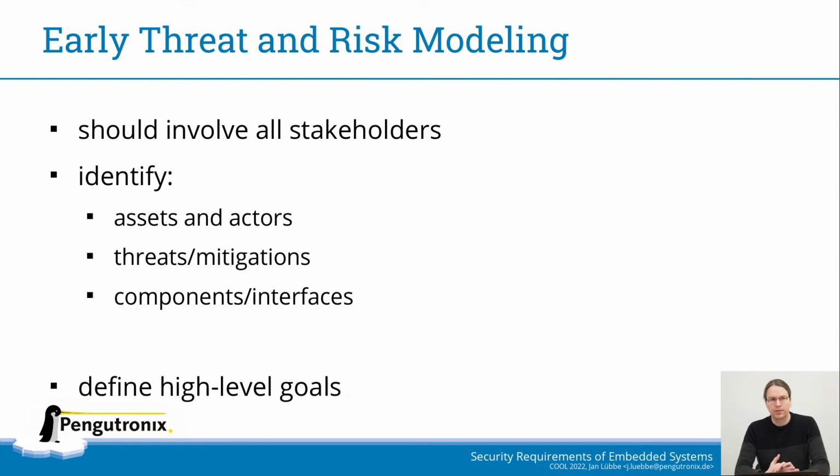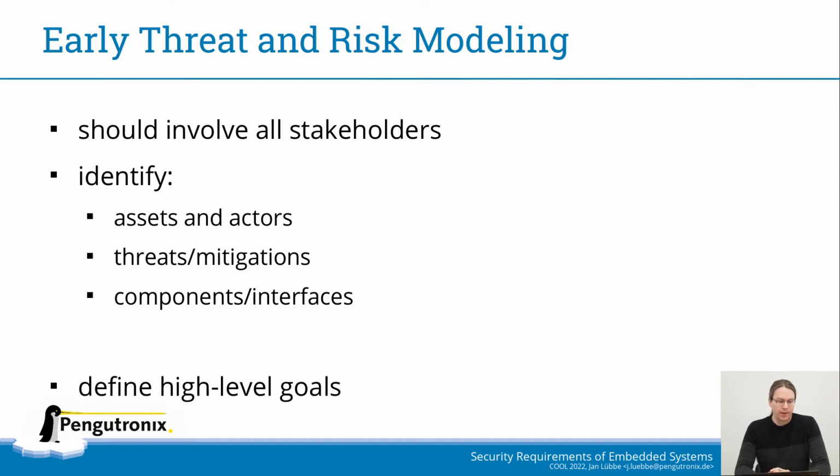So going back to the threat modeling, that's something you should do at the start of the project, involving all stakeholders, so not just the engineering team, but also management and marketing, and ideally the users as well. So that should identify the assets, so the things we want to protect, and the actors in the system, adversaries, and so on.